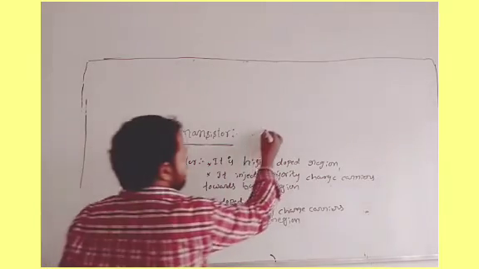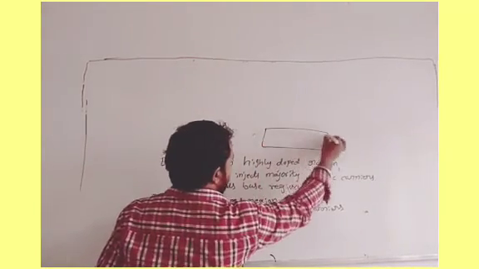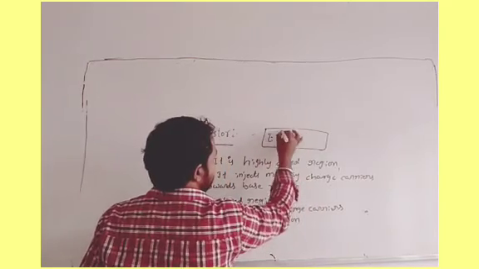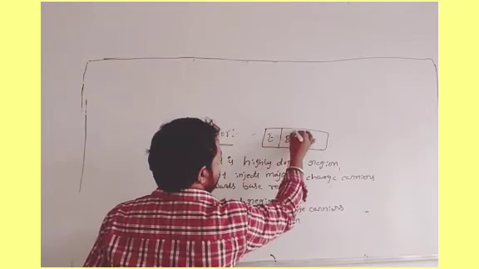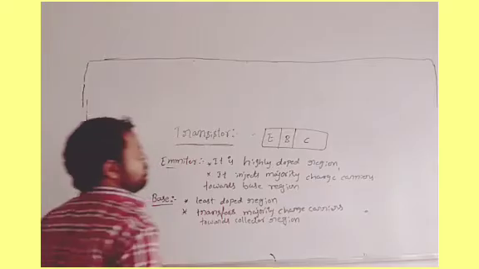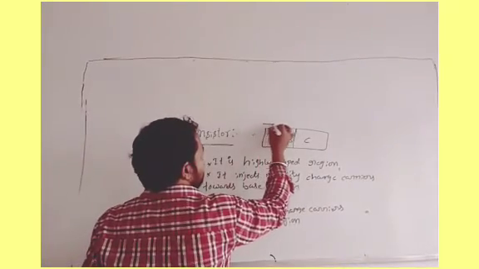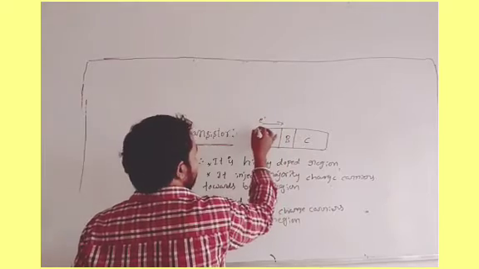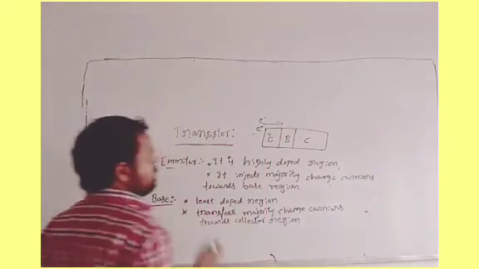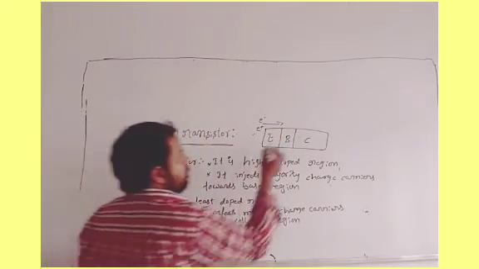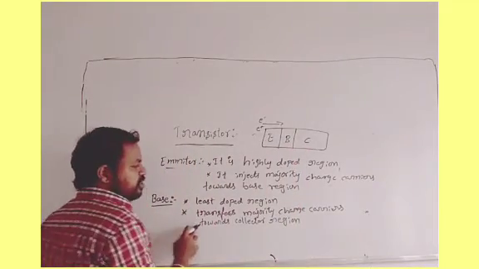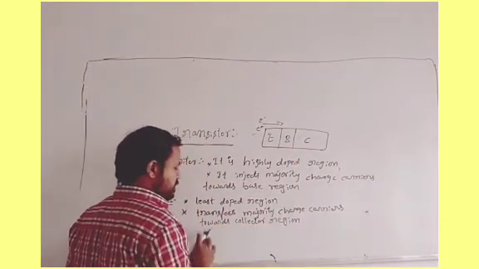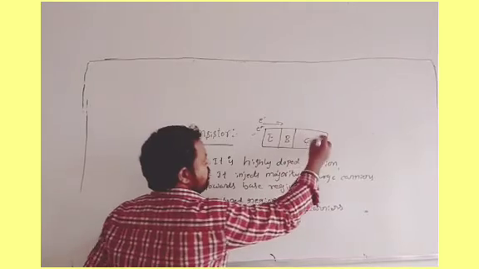Here we have the block diagram: emitter, base and collector. The emitter injects the majority charge carriers, either electrons or holes, and the base transfers them towards the collector.